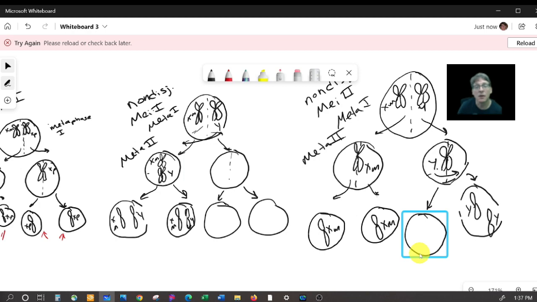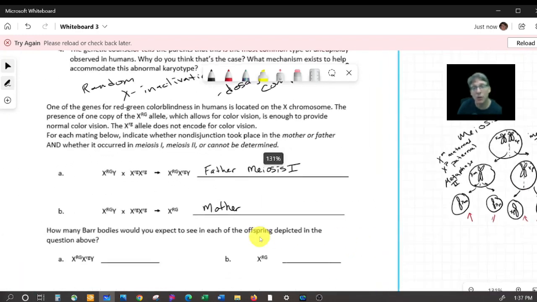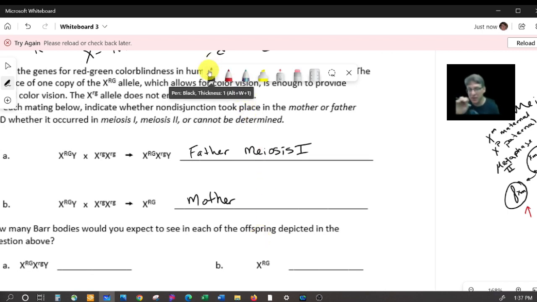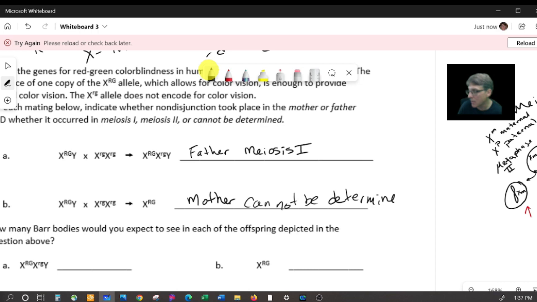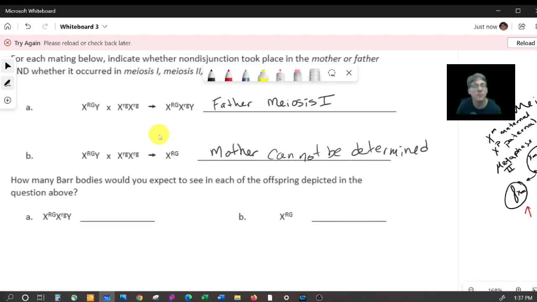But when we have non-disjunction in meiosis 2, we also have a gamete that is lacking a chromosome. And so when we're lacking a chromosome like this, we can't tell when non-disjunction occurred, because in both situations we have gametes that could result in missing a chromosome, and so this cannot be determined. Okay.